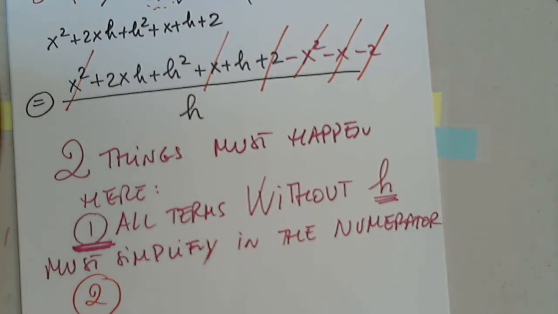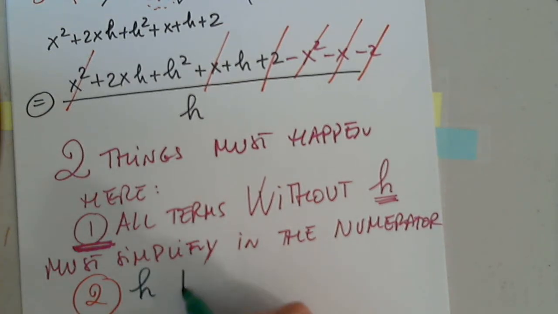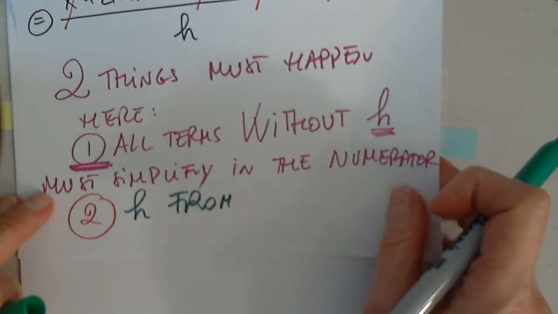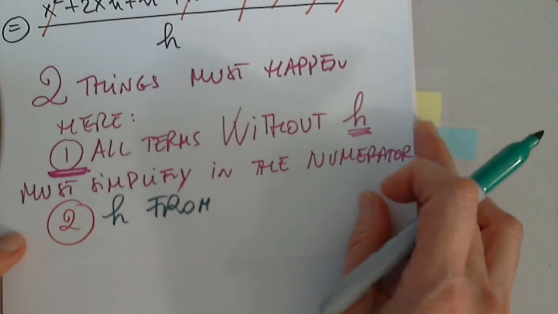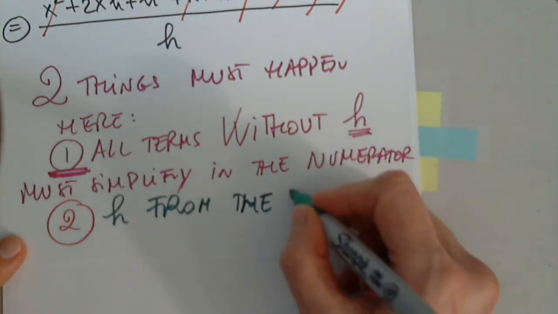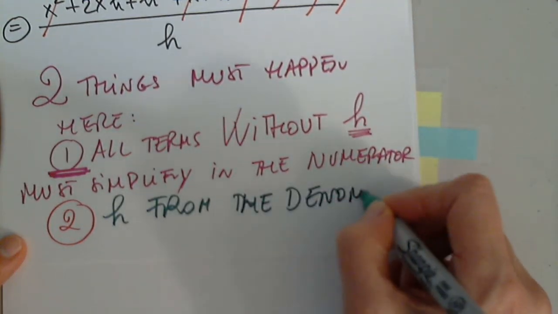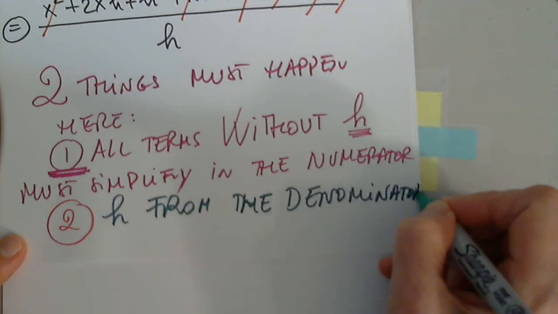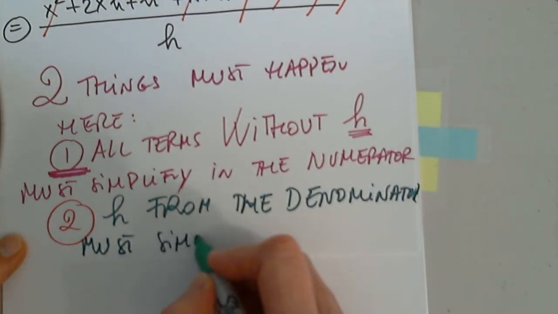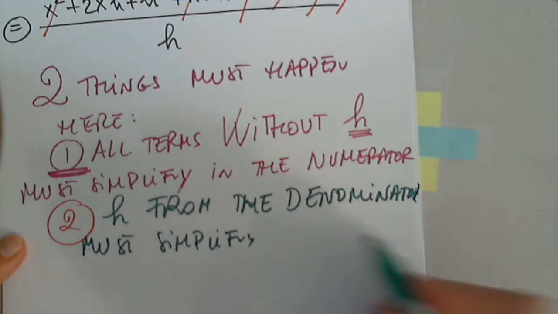The second mandatory step is, I don't know if you can see, I'm trying to look and see if you can follow here: h from the denominator this time must simplify with an h from the numerator.